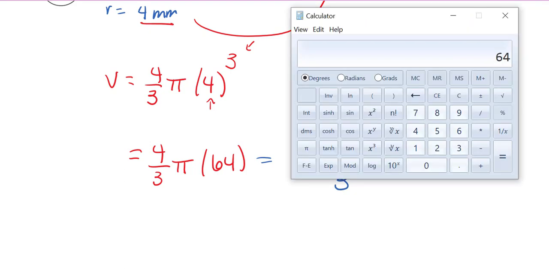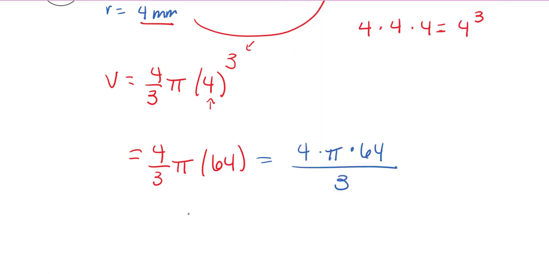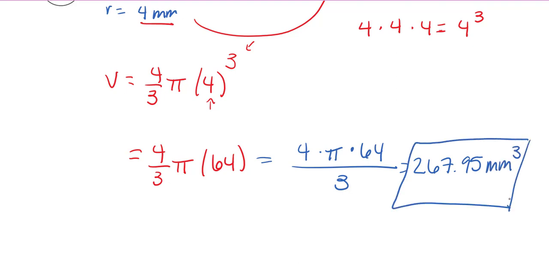So we're going to multiply 4 times 3.14, or we could just type in pi. Then we divide this number by 3, and we get 267.95. Now this is in millimeters, so it's cubed. So this would be our answer here.